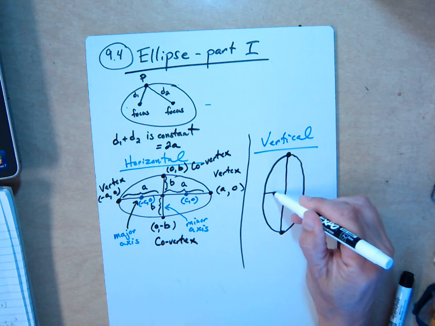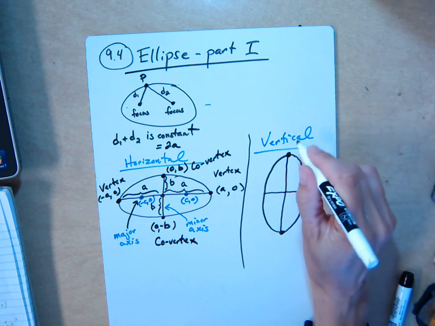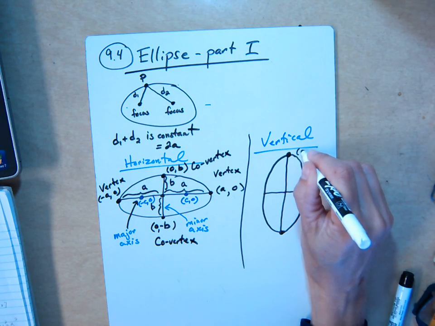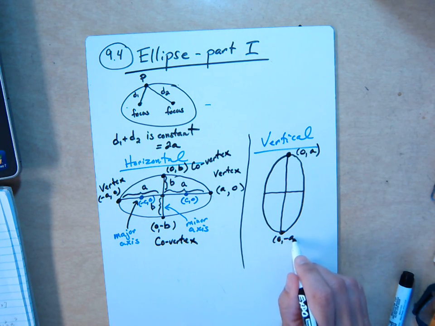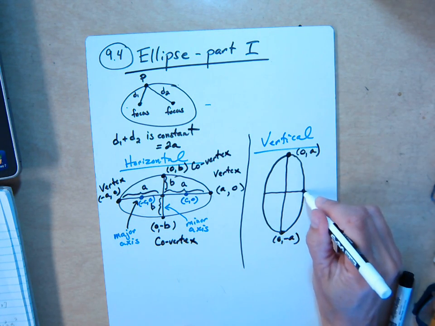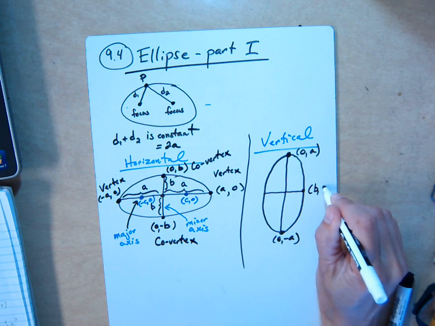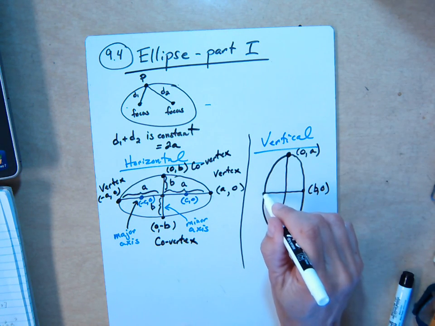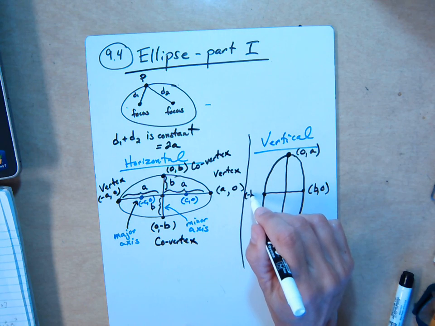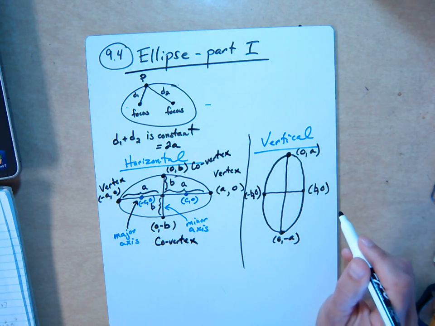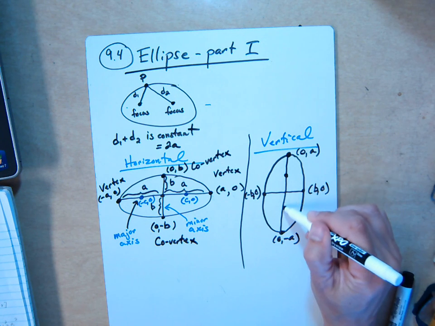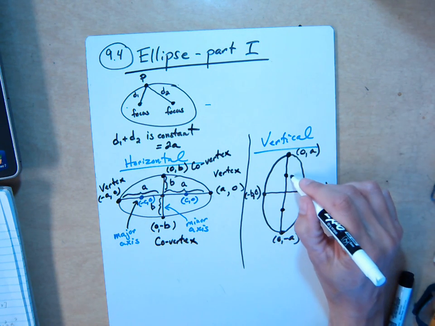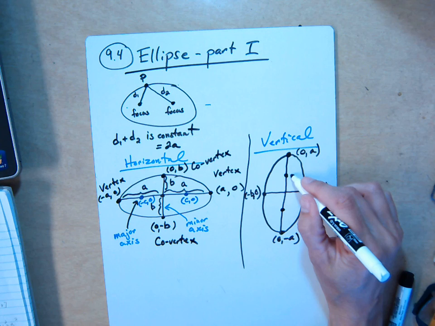This is our minor axis. So this is at 0, a. This is at 0, negative a. This is at b, 0, and this is at negative b, 0. And our focus points are going to be this way then, here and here. What are the coordinates of this point?